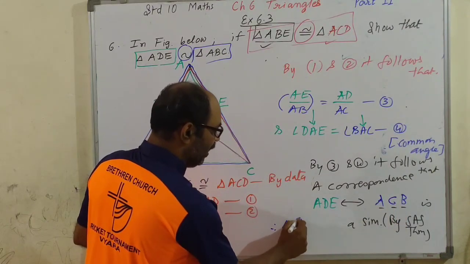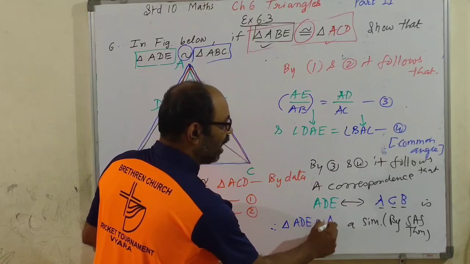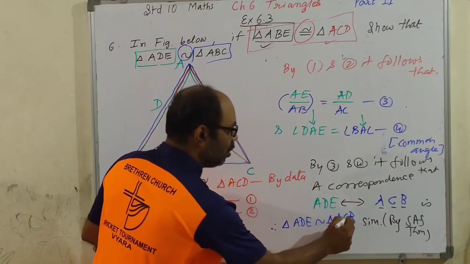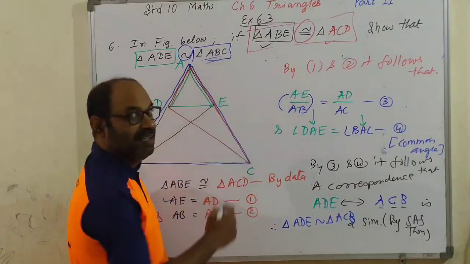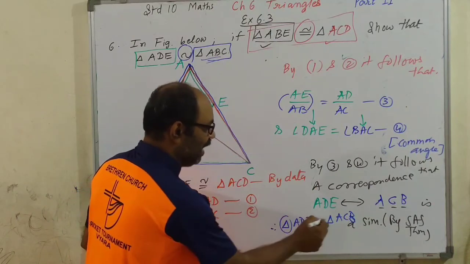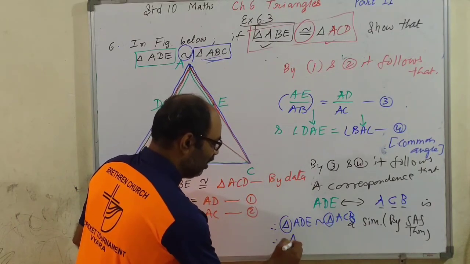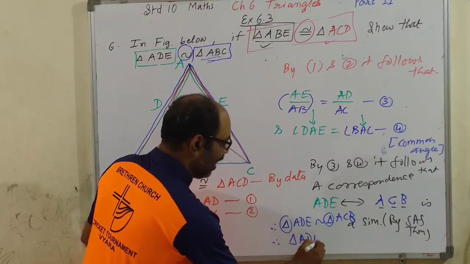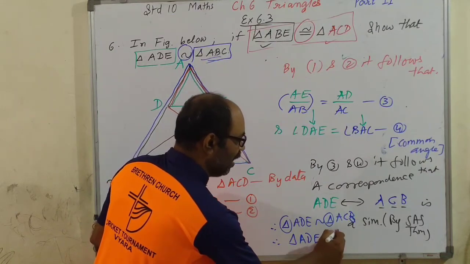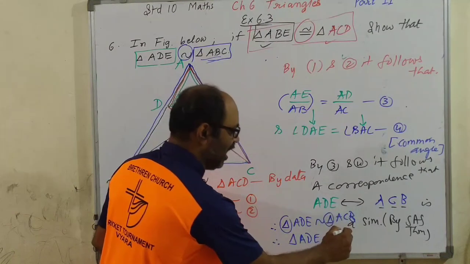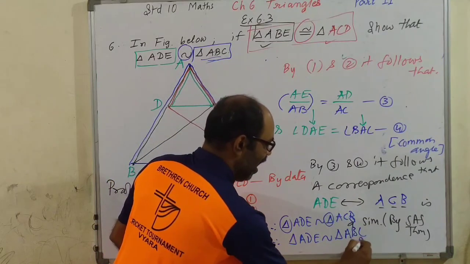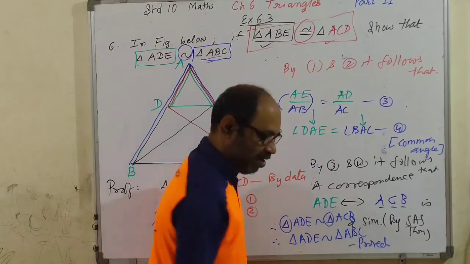Therefore, triangle ADE is similar to triangle ACB. Children, it is not matching with this. But I told you, once you get the symbol of similarity, you can change. Triangle ADE is similar to triangle ABC. After the symbol, you can change. And this is proved. Got it?